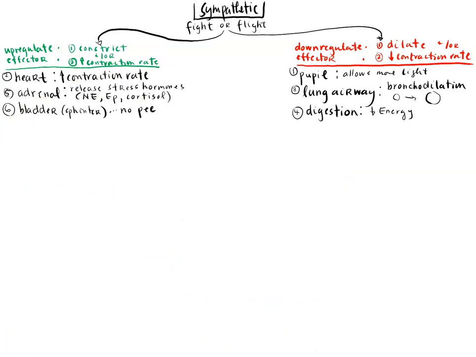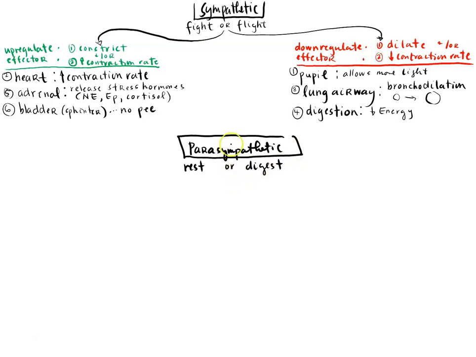Now let's do parasympathetic. Okay, so I'm going to write a little list here, and we'll label this parasympathetic. I'll put a little box. And remember, for the parasympathetic nervous system, this is when I need to rest or digest.